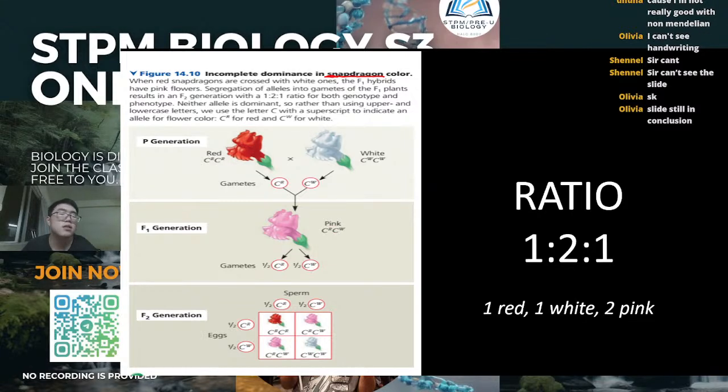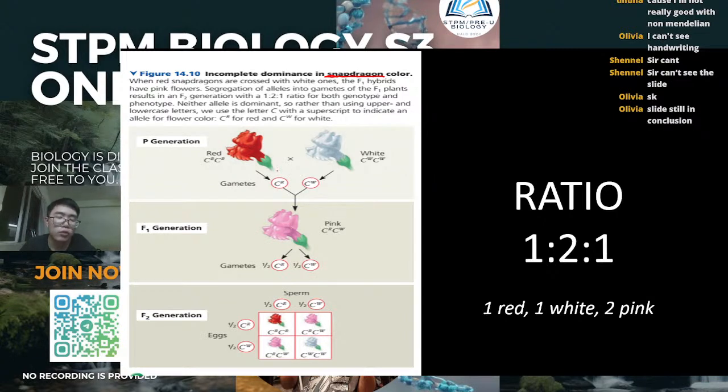In this case there is no dominant and recessive. We cannot say that red is dominant and white is recessive. All of them are the same, parallel. So, snapdragon pink color.